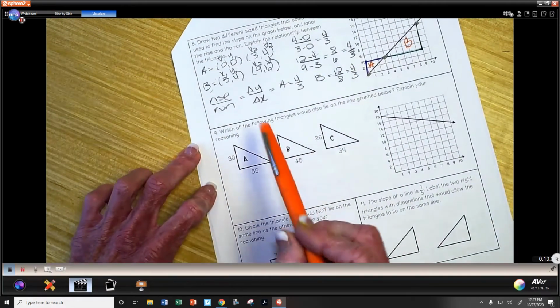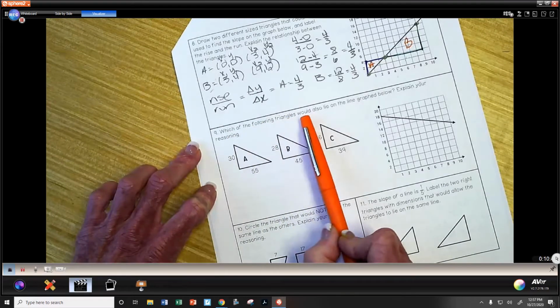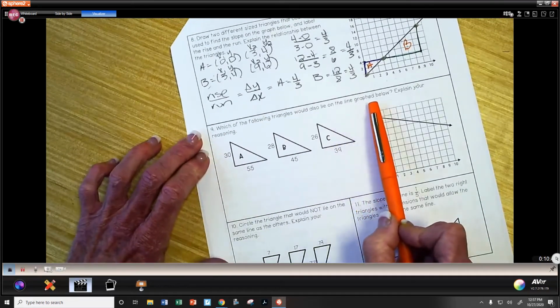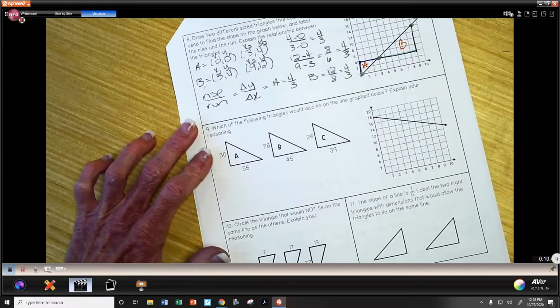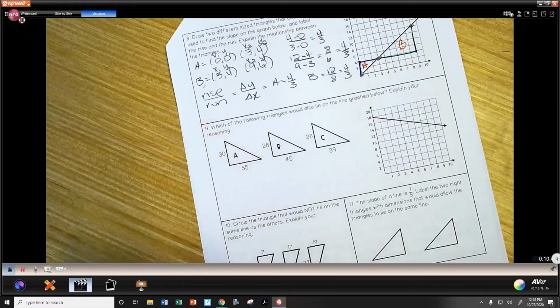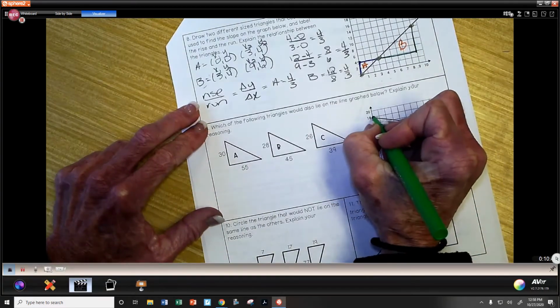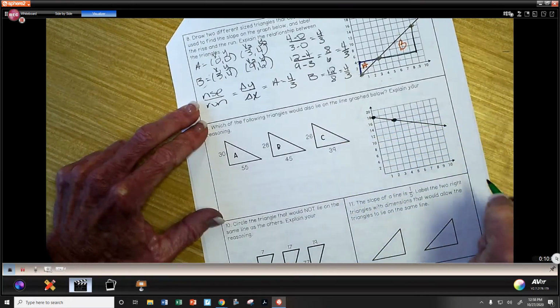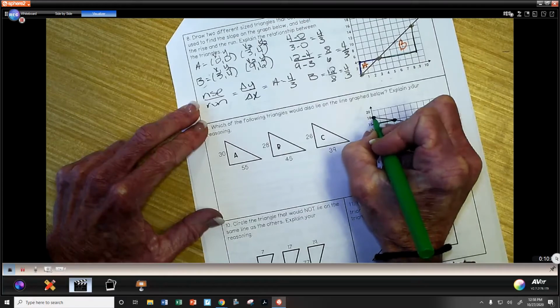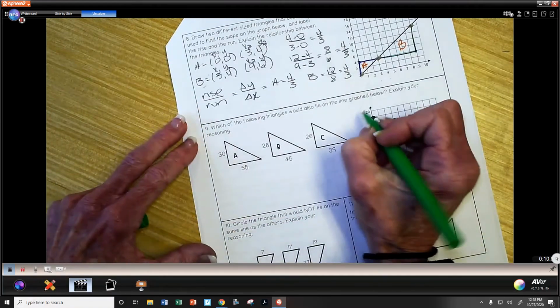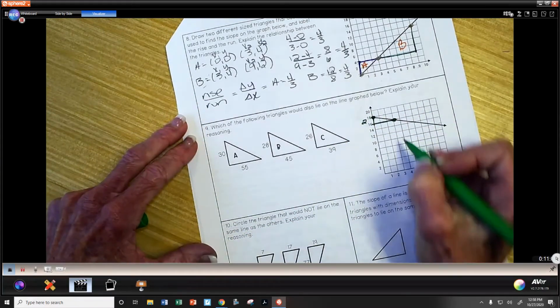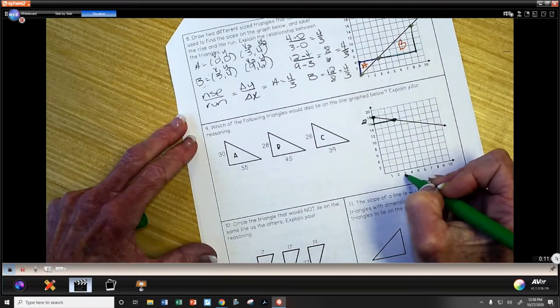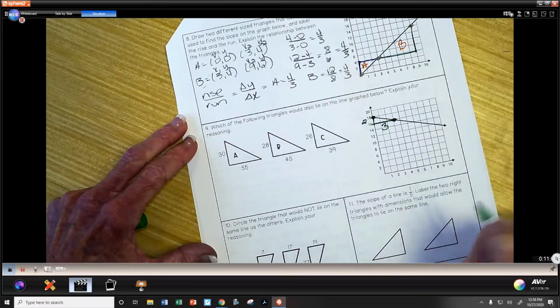Okay, so on this one right here, which of the following triangles would also lie on the graph below? So the first thing we need to do is choose where it crosses at a vertex. So I chose that one. So that is 2, and that is 3.